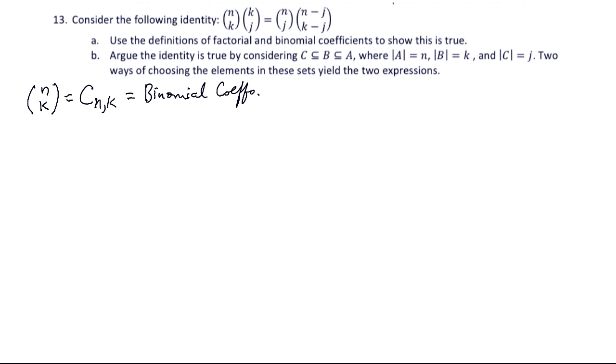Okay, and I've done this one on the board also, but I'm going to go ahead and reproduce it here in this video. And so what I'm going to do is I'm going to go ahead and write the left-hand side of that equation up there, which is C(n, k) times C(k, j). And now I'm just going to plug into the equation n factorial, n minus k factorial, and k factorial.